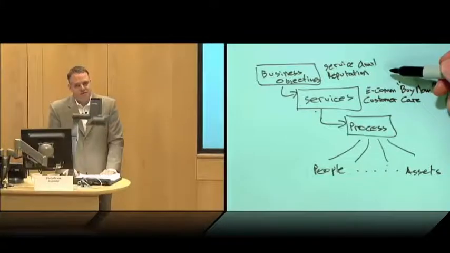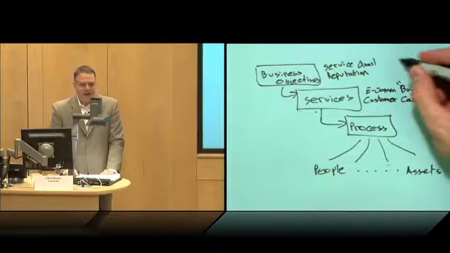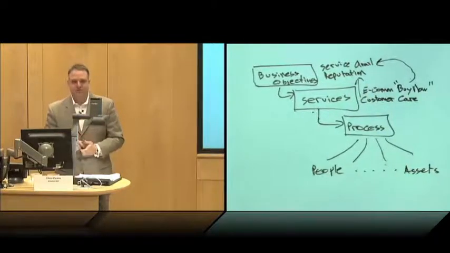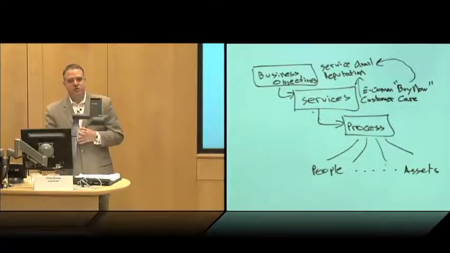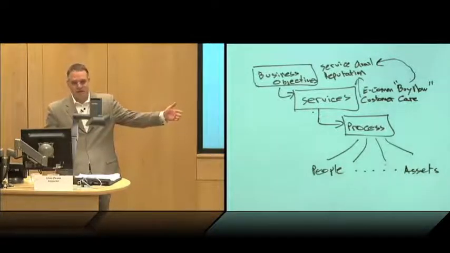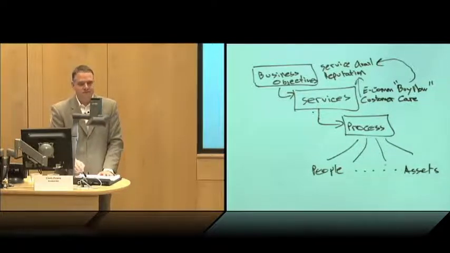So what are my processes now? Our process for the e-commerce buy now application might be something like making sure that the thing is patched, making sure we do intrusion monitoring on it, making sure that the products actually get loaded into the system, make sure that when people buy stuff, that order gets translated to the warehouse. There's any number of processes that go into this.